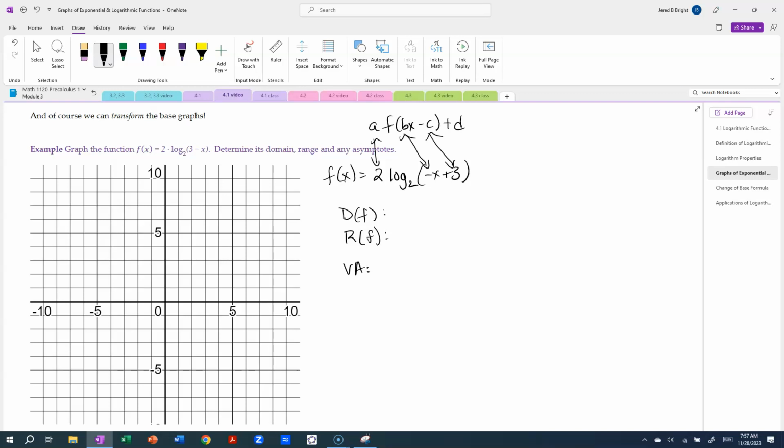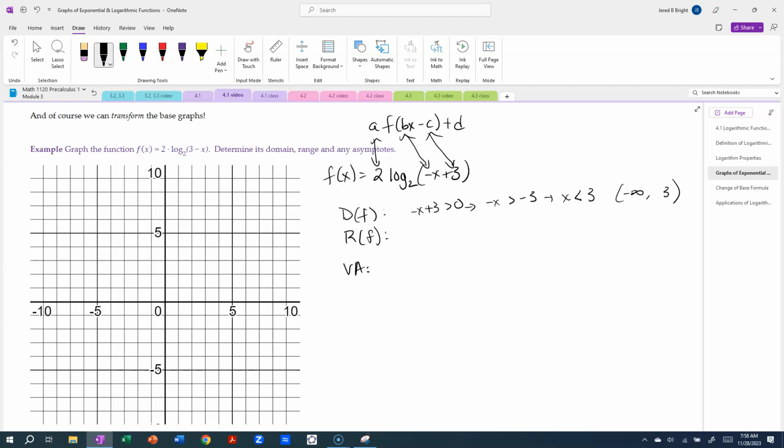So domain: remember that to find the domain, I can take the expression inside the logarithm and set it greater than 0. So I'd have negative x is greater than negative 3, and then divide both sides by a negative, which reverses the inequality. So x would be less than 3. So then my domain is negative infinity to positive 3, sorry.